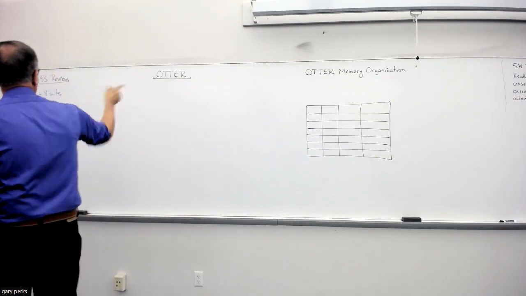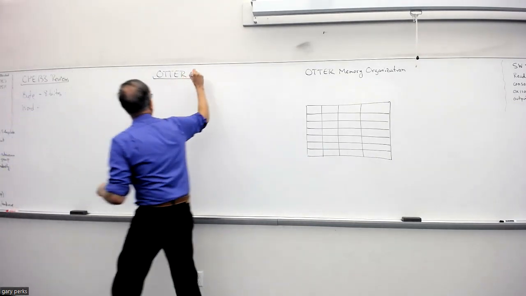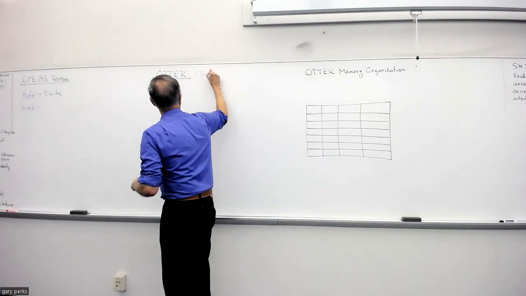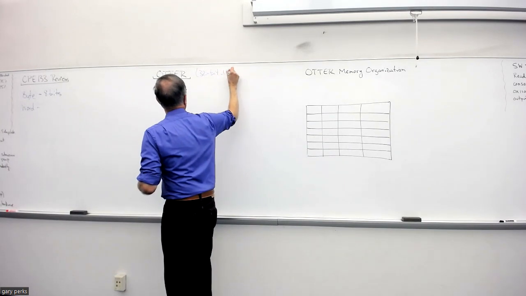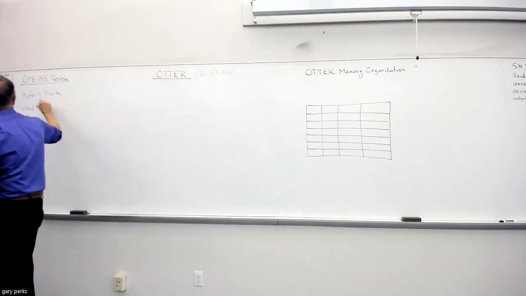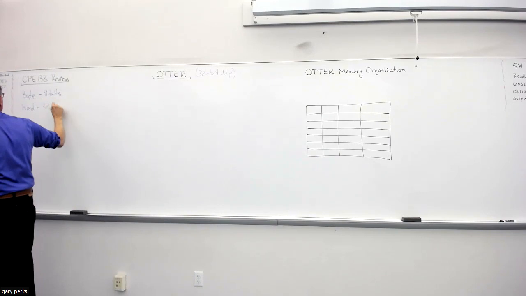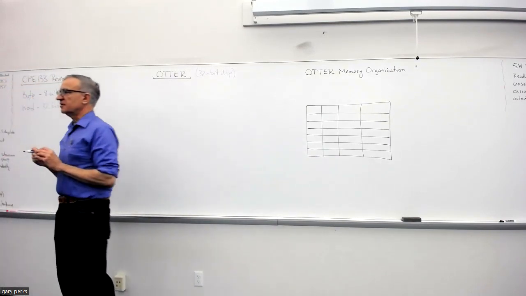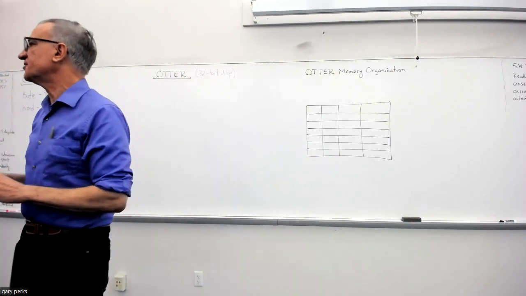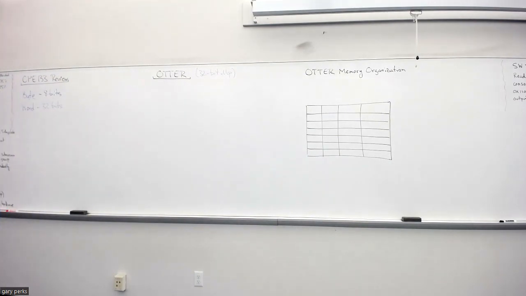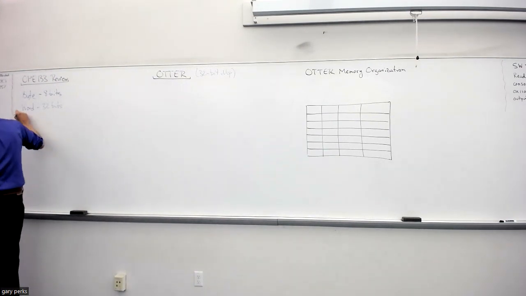And in this class, the Otter is a 32-bit microprocessor. So our words are 32 bits. Okay, but you could have another microprocessor that has 16-bit words or 64-bit words. All right, so that's what a word is.